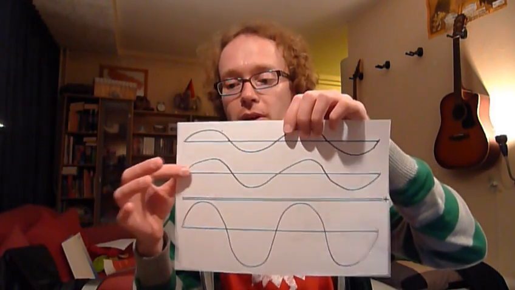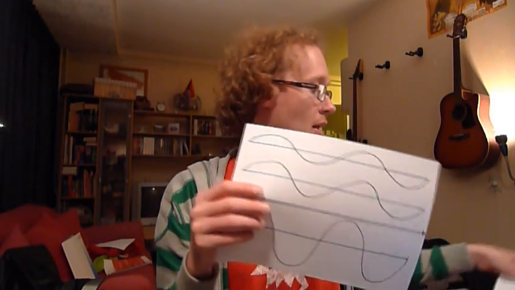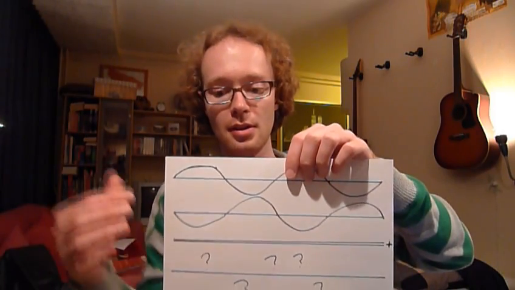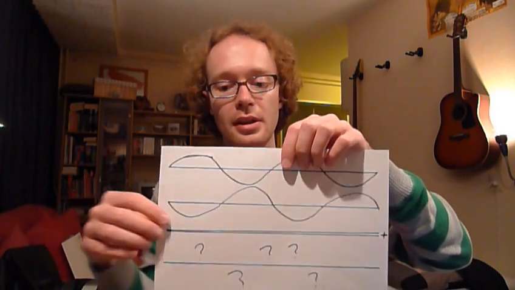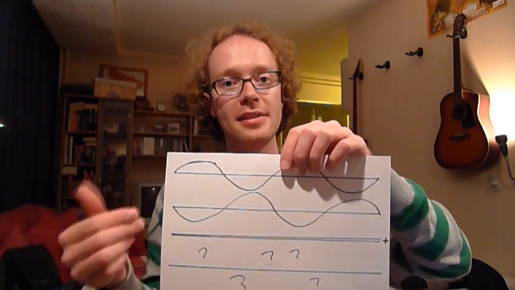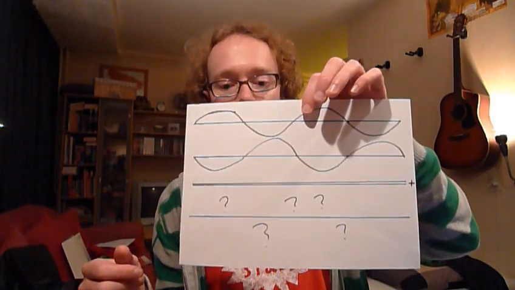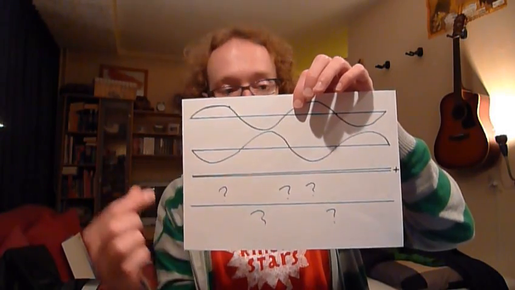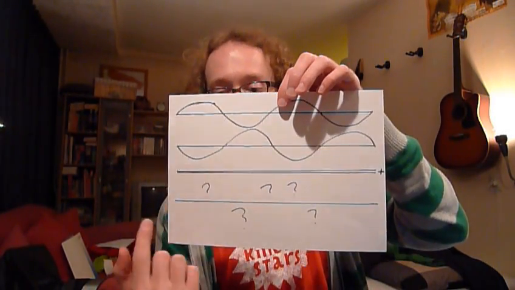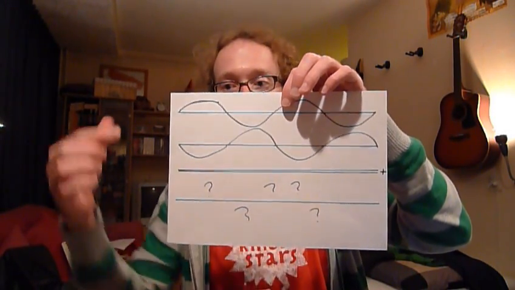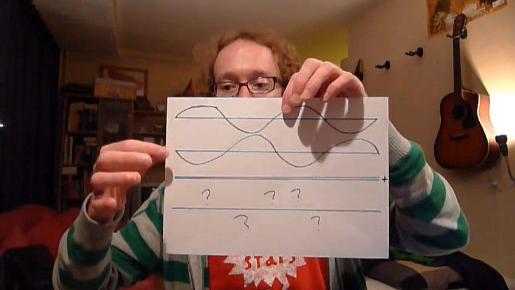But if you shift one of those waves half a phase, you get this. And they're in anti-phase, that's what this is called. And the result, when you're going to add them up, is no sound at all because the positive cancels out the negative.